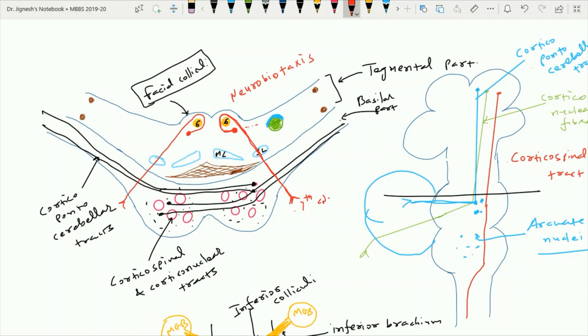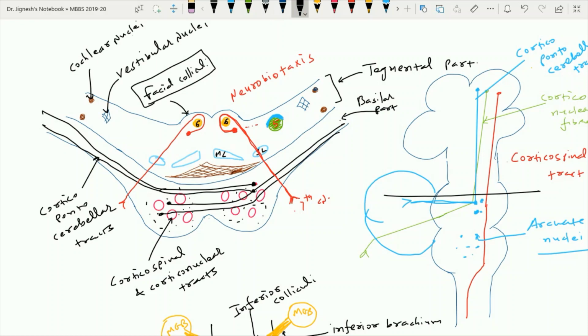Along with the fifth, sixth and seventh cranial nerve nuclei, we find the cochlear as well as the vestibular nuclei, and the vestibular nuclei are also present within this tegmental portion.